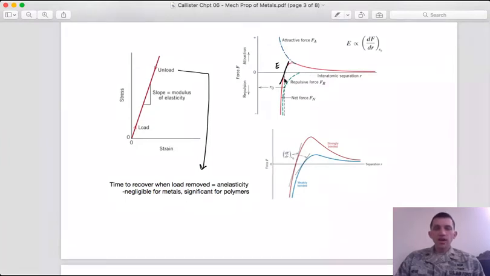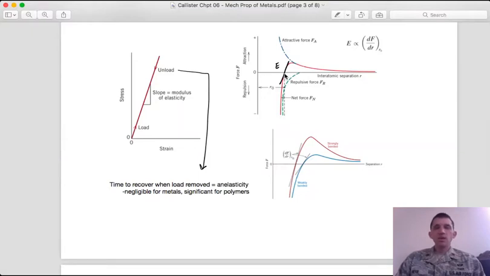So if I have a strong attractive force, generally that is going to correspond to having a steep slope here. Because if this attractive force is ramping up very quickly here, then it's going to force the repulsive force to ramp up quickly here. So I get a rapid change in the force in this region about the equilibrium point.